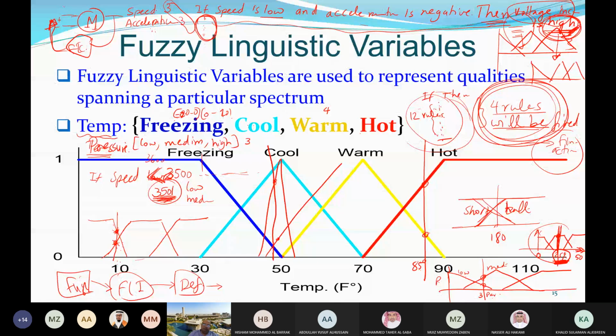Hassan Ali? Yes, doctor. For the bearing, for example, if I have a protection temperature in the bearing of the motor and I want it to be a fuzzy logic set. So when it's hot, let's say hot is 90. And then I want to add a time on it.